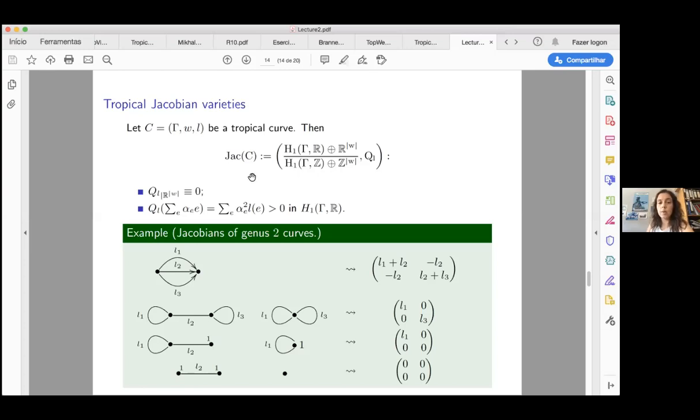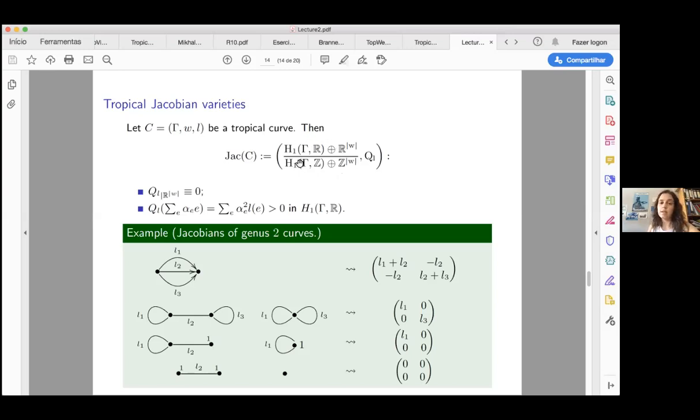So the Jacobian of such a tropical curve is defined to be this torus: H1 of the graph with values in R, summed with R to the power of the total sum of the weights, and then divided by the same things but with integer values, so divided by H1 of the graph with values in Z plus Z to the total sum of the weights.